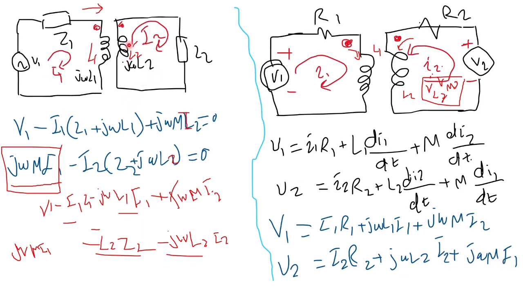Another example showing the opposing connection case. We will have a circuit to the left with a current I1 entering the coil L1 at the dot. In the second circuit, the current I2 leaves the coil L2 at the dot.